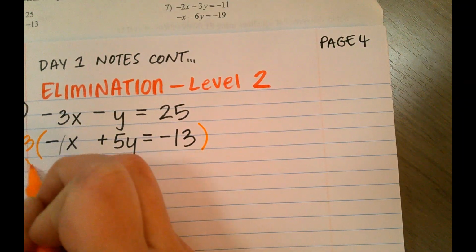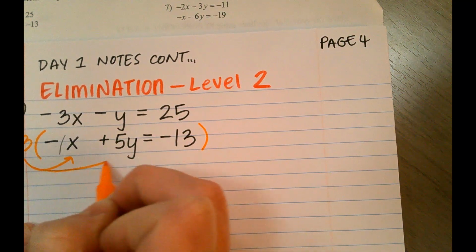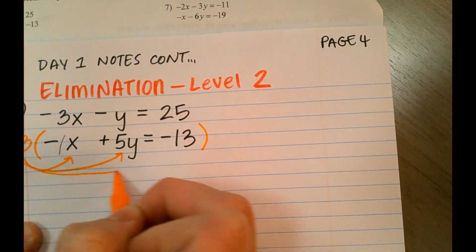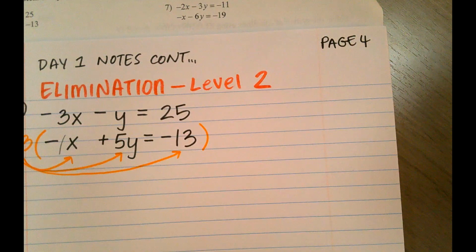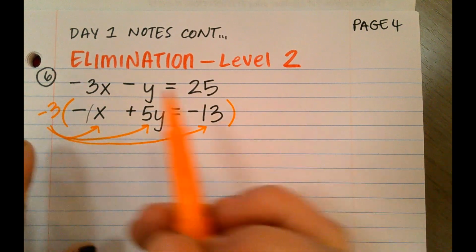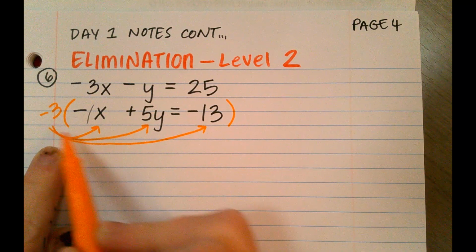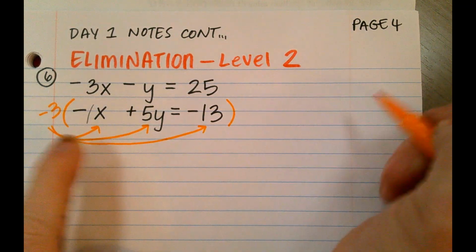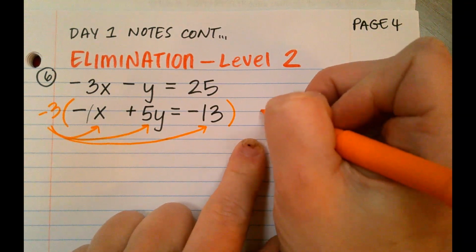So I'm going to multiply all parts of my equation. It's like we're doing a big distribution problem. So I have negative 3 times negative x, and we said that is positive 3x.